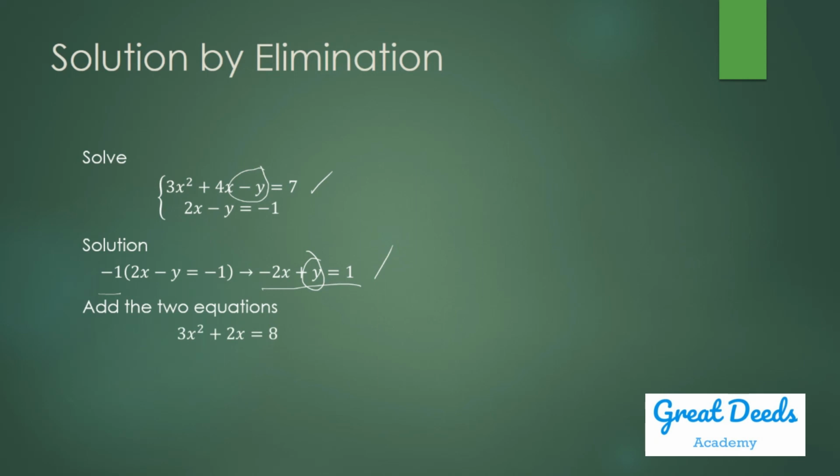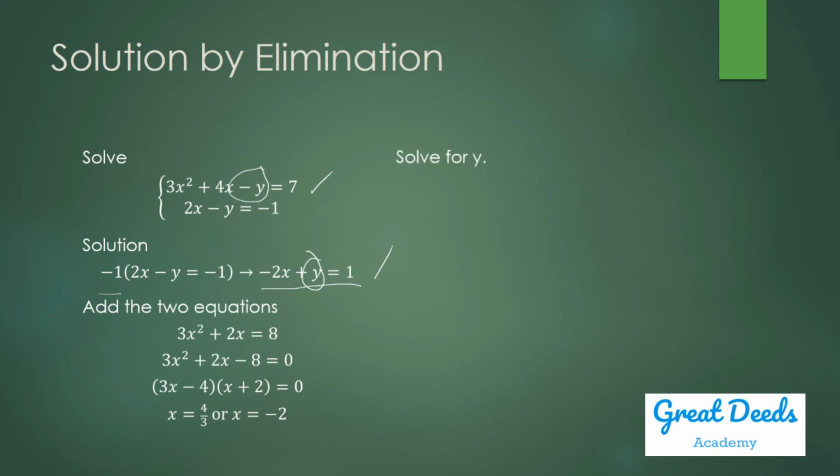A quadratic equation, in the general form. This one can be solved by factoring. And so x is equal to 4 over 3, or x is equal to negative 2. These are the x coordinates of the points of intersection. Let us now get the y coordinates. Let us solve for y.